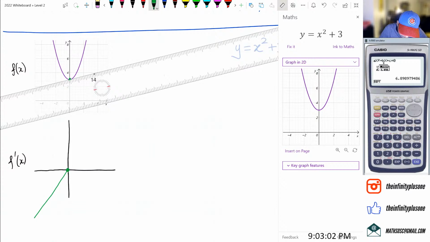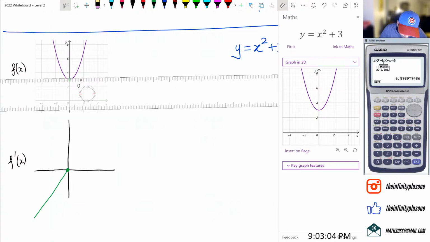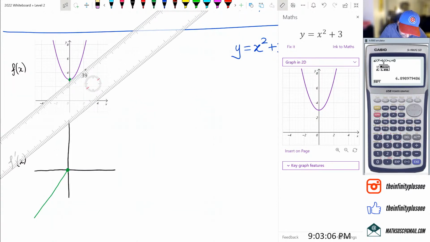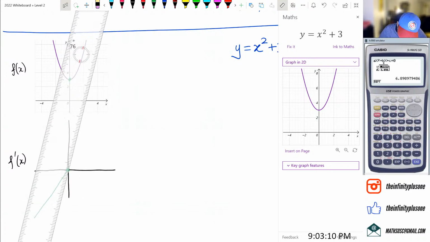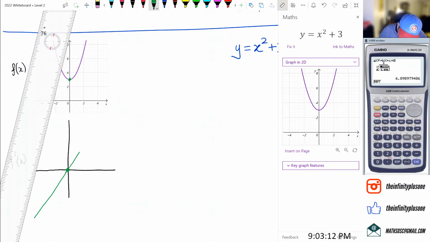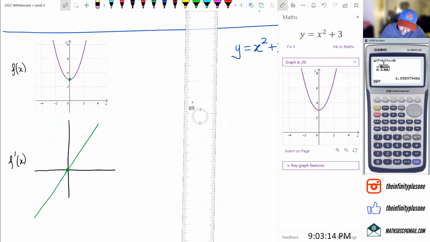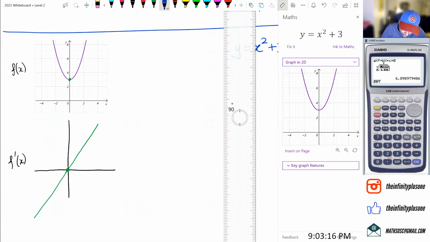Now after this green point, it's going positive, very slowly increasing, and then eventually it's quite high. So this ends up looking like a straight line. If you think about it, this is a parabola, y equals x squared, or f of x equals x squared.